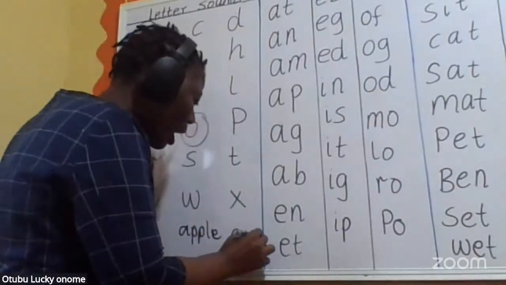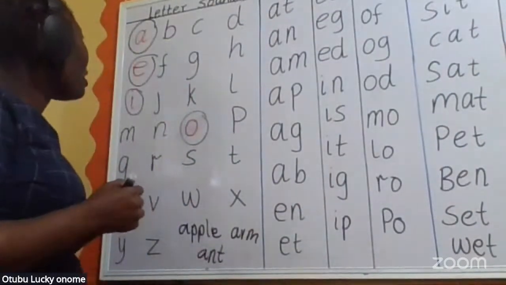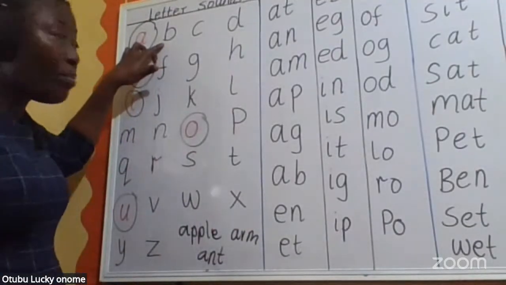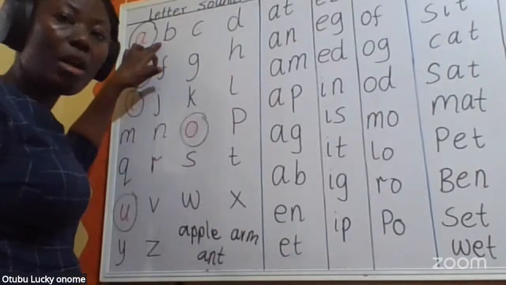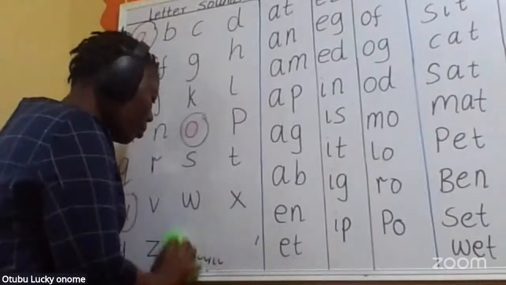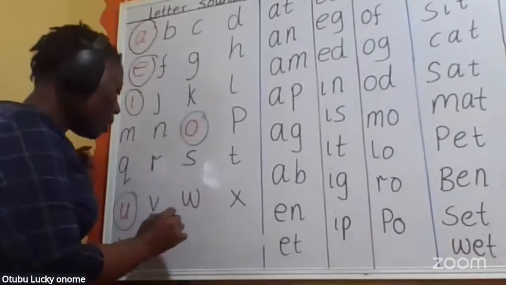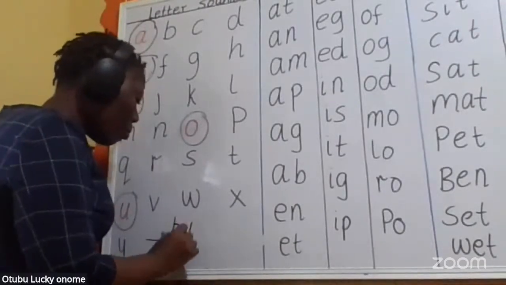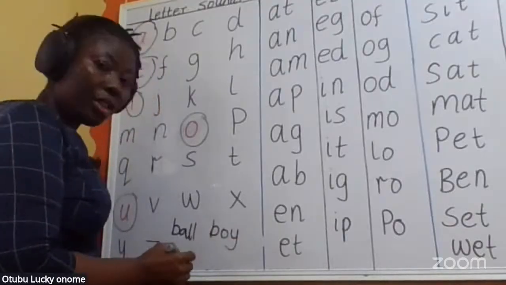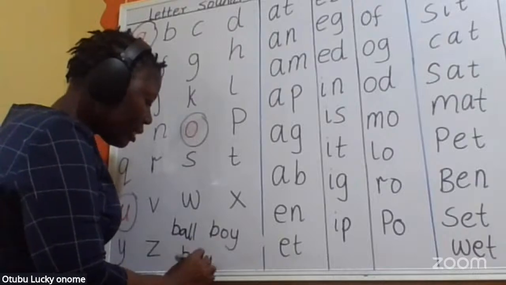A as in ant. Now the next one we have is B, as in ball. We have B in words like ball, boy. My child is a boy. B as in bag.